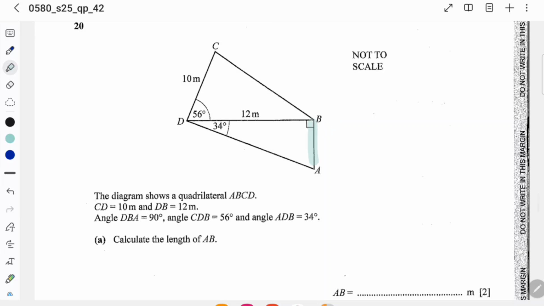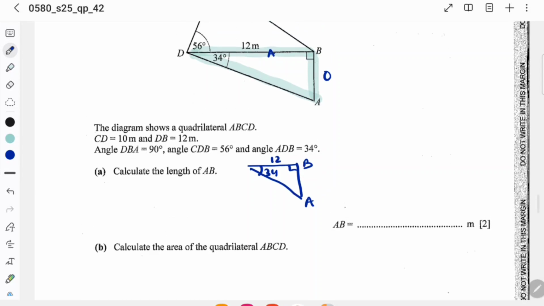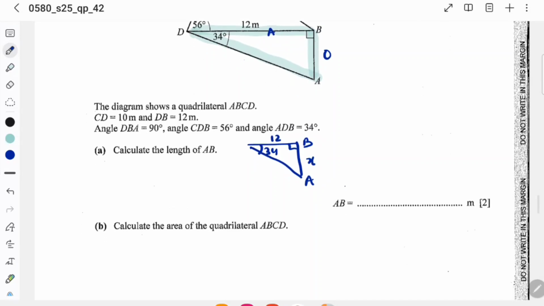The length of AB is a part of a right angle triangle, so you can find it by trigonometric ratios. AB is the opposite side, and 12 meters is your adjacent side. Whenever I make a right angle triangle here, you can easily see it is A to B, the angle is 34 degrees, and 12 is written there. So you will use tan because it is TOA. Tan of 34 is equal to AB upon 12.